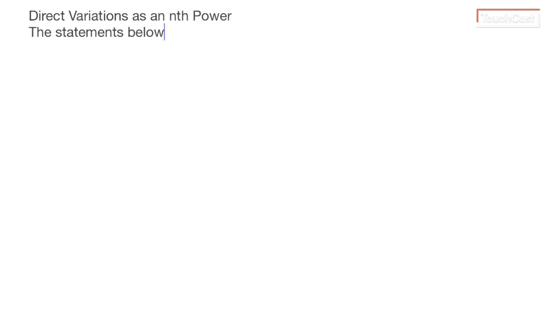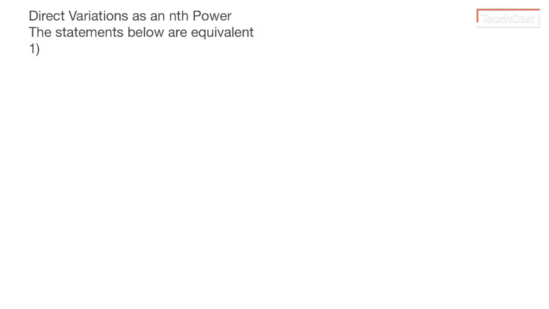So sometimes we can also have direct variations as an nth power. Now that might seem confusing, so let's just write on, and when we get to our next example, we'll talk about what this nth power thing means. So the statements below are all equivalent.